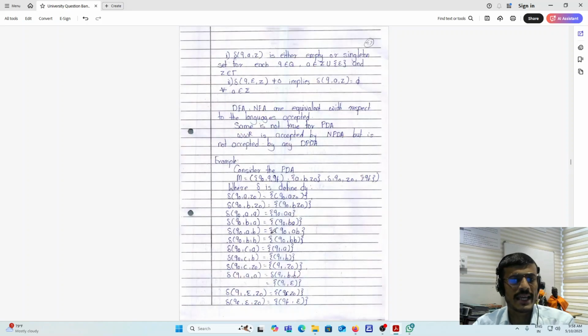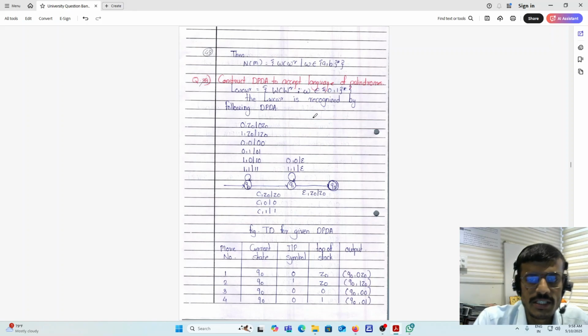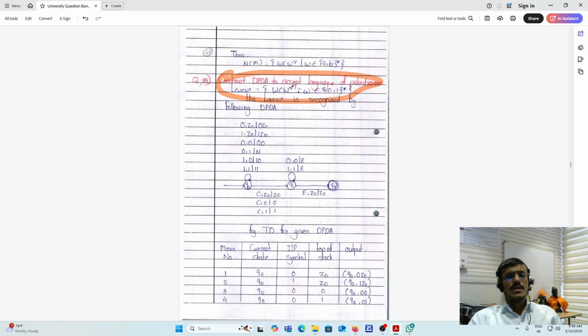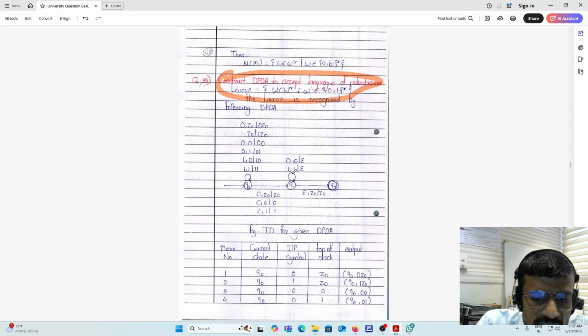Then you have to draw the diagram. And in the case of deterministic, this W C W R is the example of DPDA. You can see here DPDA. W C W R: W is the string, C is the marker, and W R is the reversal of the string on the left side of that C. That is the diagram you can see here.